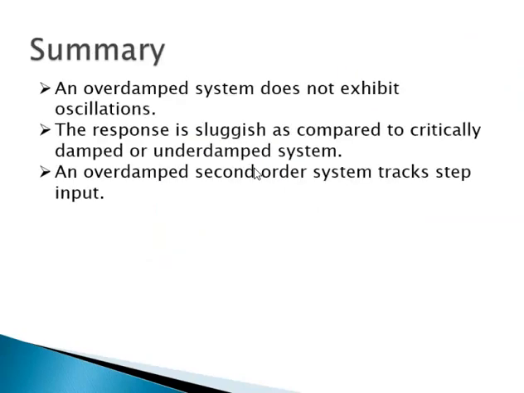In summary, we can say that an overdamped system does not exhibit oscillations. This response is slightly sluggish as compared to a critically damped or an underdamped system, especially in cases where the damping ratio is much greater than 1. The system is really sluggish, but it tracks a step input.